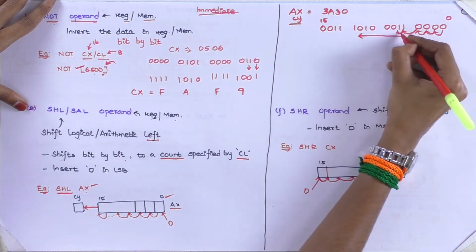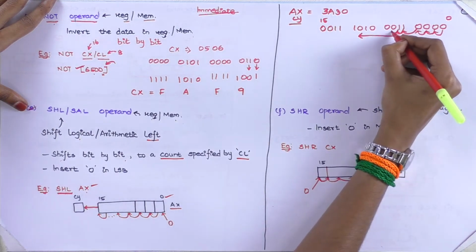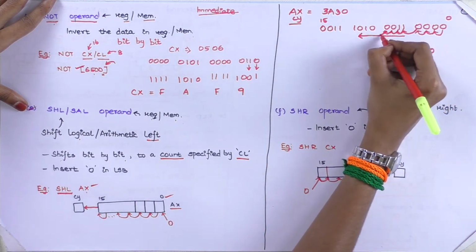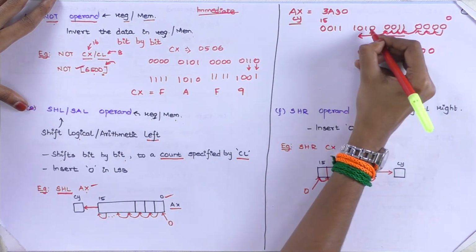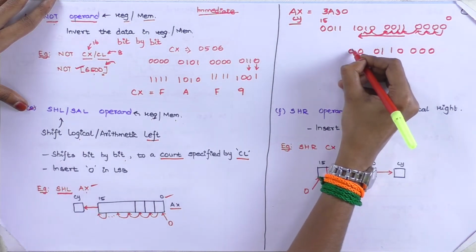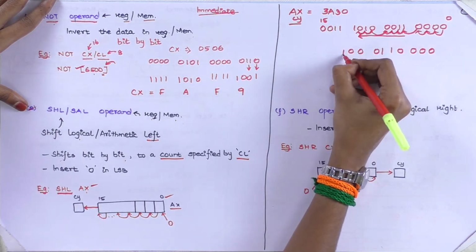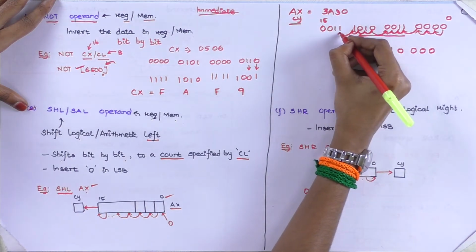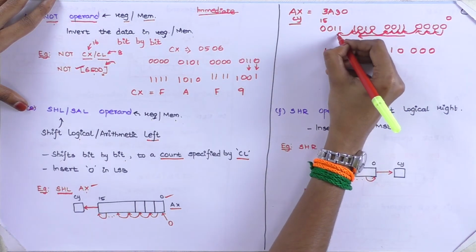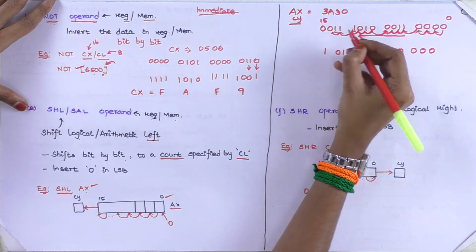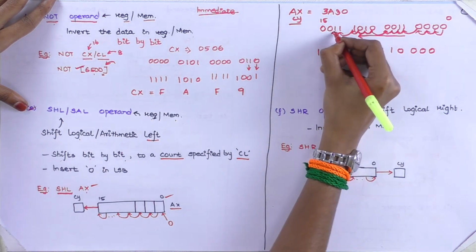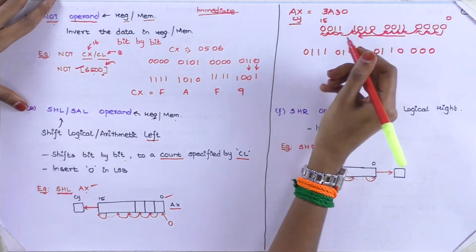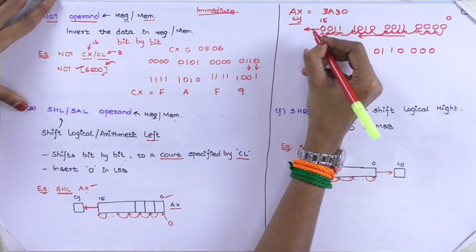Then this goes here, 1, 1, 0, 0, 0, 1, 0, 1, 1, 1, 0. The 15th bit will move on to carry.